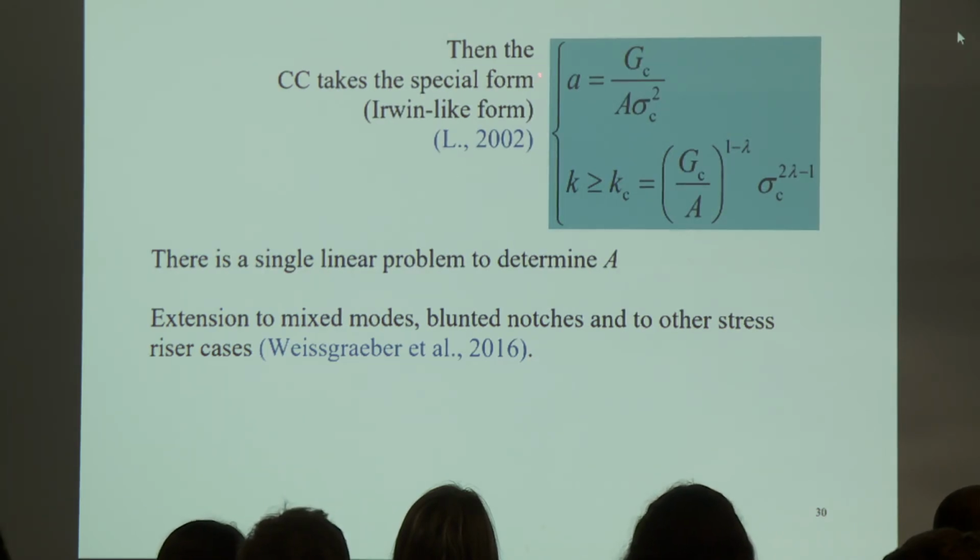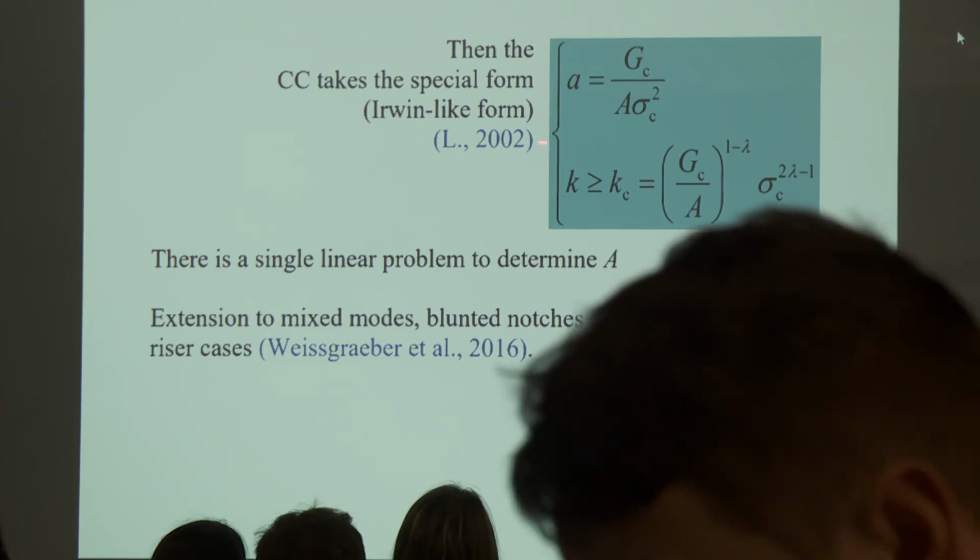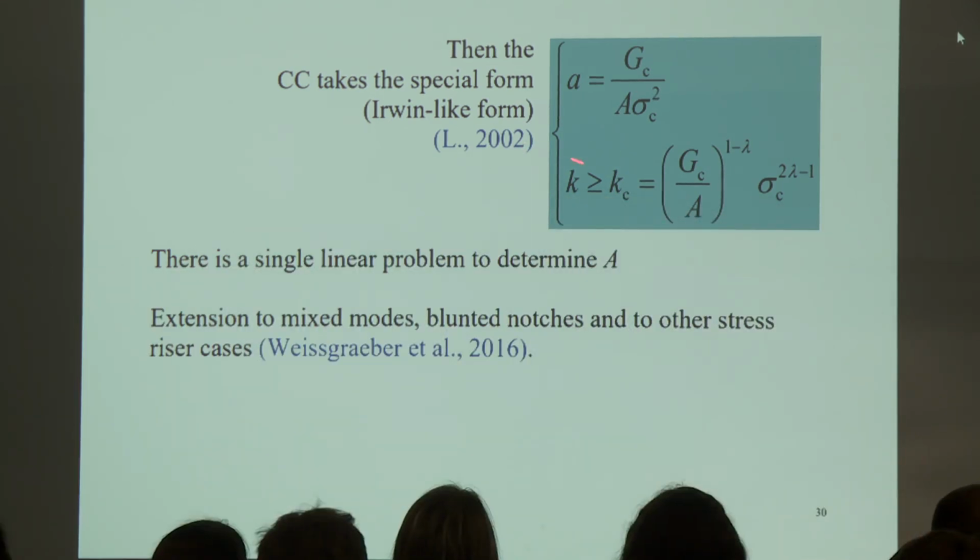We can have an explicit relation for the crack jump here, GC divided by A, the scaling coefficient, times sigma C squared, and the criterion takes this Irwin-like form that the generalized stress intensity factor must be larger than K, the critical value Kc, depending on Gc and sigma C. You see that if it is a crack, I mean omega is 0, lambda is 1/2, this term is 1, we have a relationship which involves only Gc, and it is Griffith.